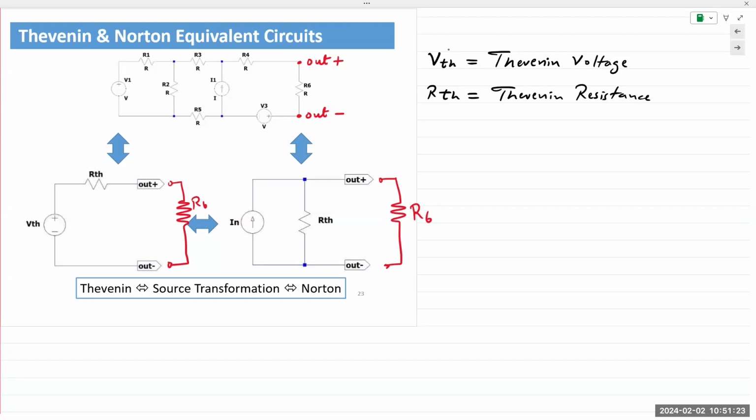He postulated his own theory, derived from Thevenin's theorem, that you could represent the entire circuit as a single current source in parallel with a resistance. His name was Edward Norton, not the actor, same name. His theorem came to be named after him, Norton's theorem, or Norton equivalent circuit, and the current source is named the Norton current, IN.